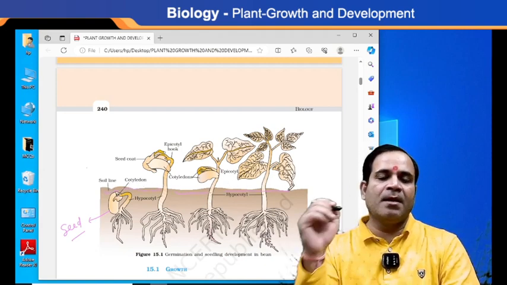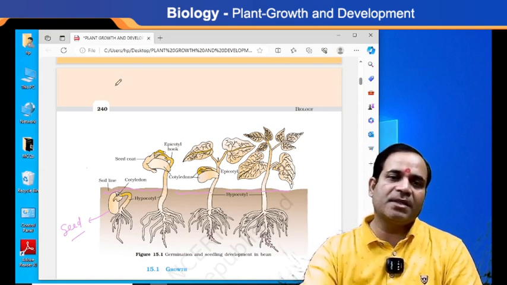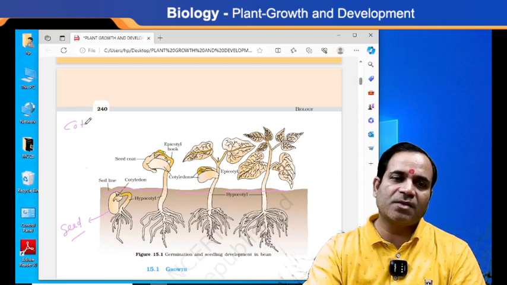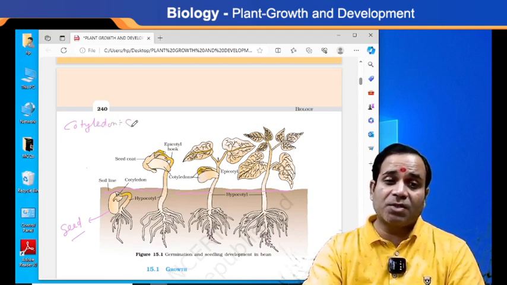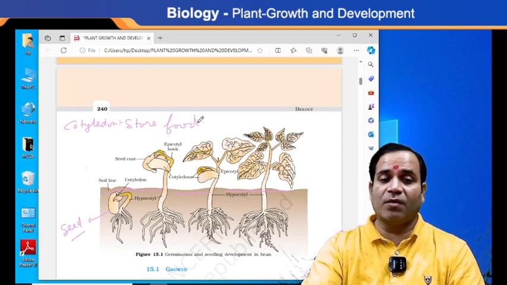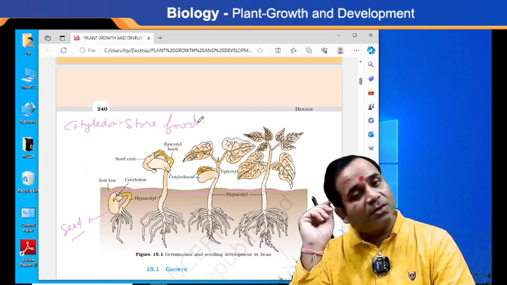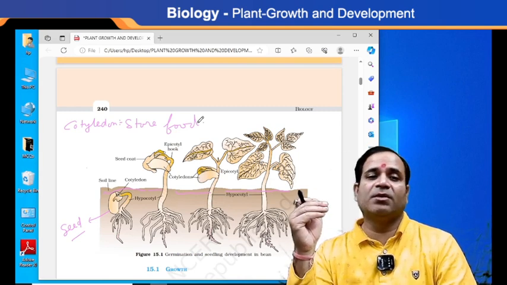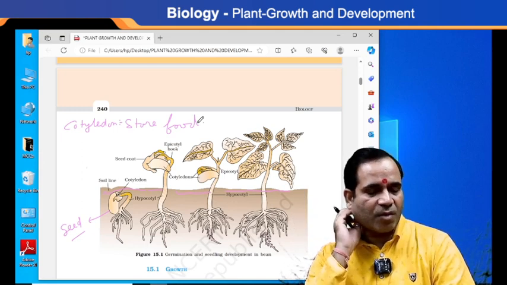Okay. Now see, here the cotyledon, this one is what? The cotyledon. Cotyledon is nothing but stored food. If anybody asks you about the cotyledon, then you say what? Stored food, my dear. So here the food is stored where? In the cotyledon. Okay. So now the question is, how can growth take place here? Here the terms are epicotyl and hypocotyl, my dear.